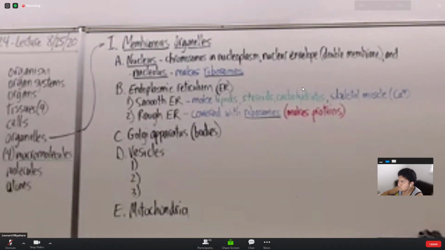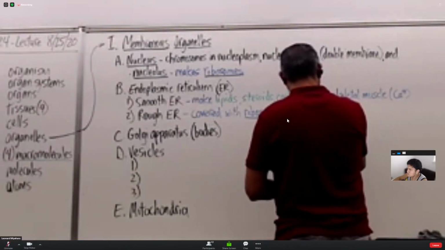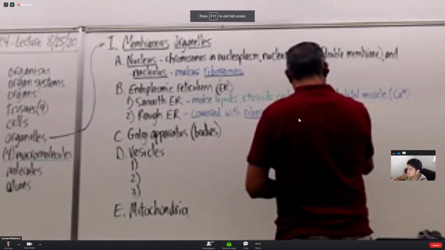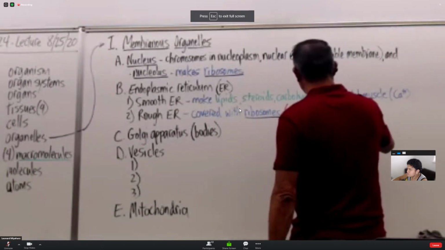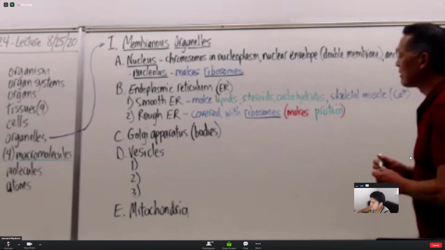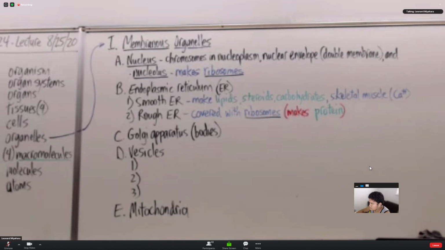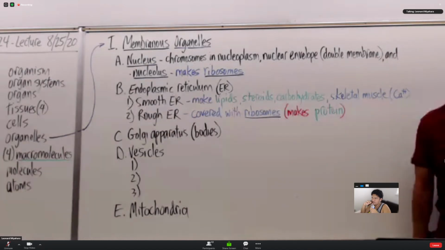Proteins are a macromolecule. So now you can connect ribosomes and rough ER. Cells that make a lot of protein, like the beta cell from the pancreatic islets, insulin is a protein. The beta cells are loaded with rough endoplasmic reticulum.